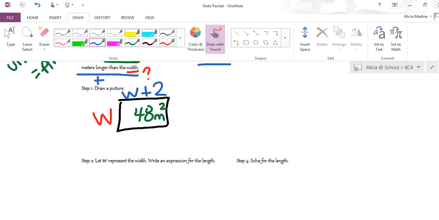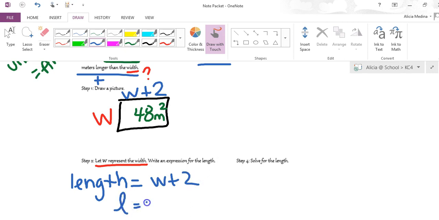So that when we look at step 2, it says let W represent the width, which we already did. Right, that's what we have in red. Write an expression for the length. Well, the length is just going to equal W plus 2. So you can say that L is going to equal W plus 2.